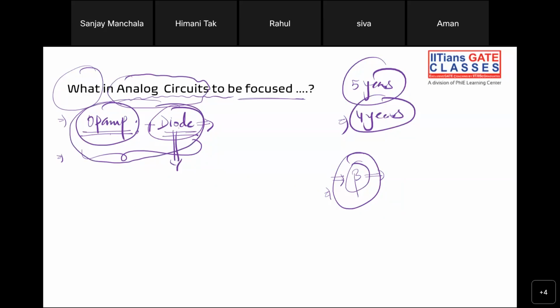So the main reason: if you're trying to make the diode ideal, it is not possible to get an ideal diode. Suppose this is the ideal diode IV characteristic.